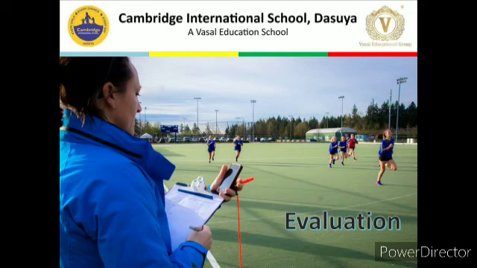Evaluations should help to draw conclusions about five main aspects of the intervention. First is relevance. Second is effectiveness. Third is efficiency. Fourth is impact. And last, sustainability.